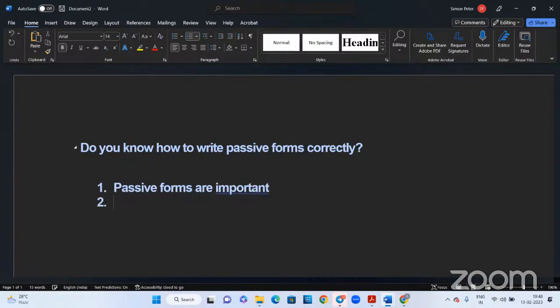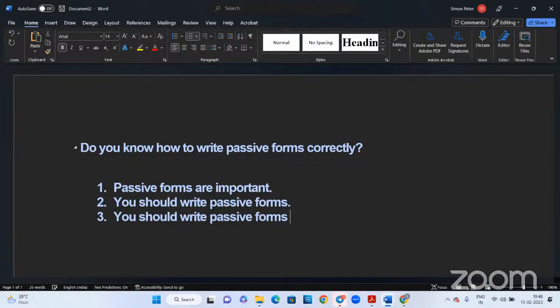Point number 2, you should write passive forms. Number 3, you should write passive forms correctly. So these are the 3 sentences. Passive forms are important. You should write passive forms. You should write passive forms correctly.